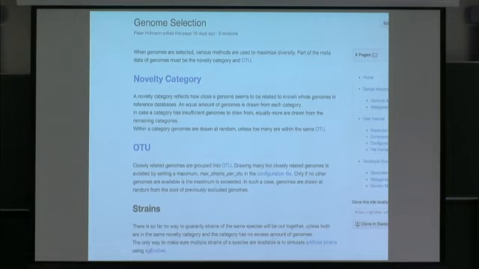So we do not want to just sample from one family, and therefore we take the novelty category into account when randomly selecting, say, 500 genomes or 200 genomes from our pool of 600 or 700 CAMI genomes. Okay, and also, as said before, we introduce artificial strains to make it more realistic, more challenging for all tools out there.